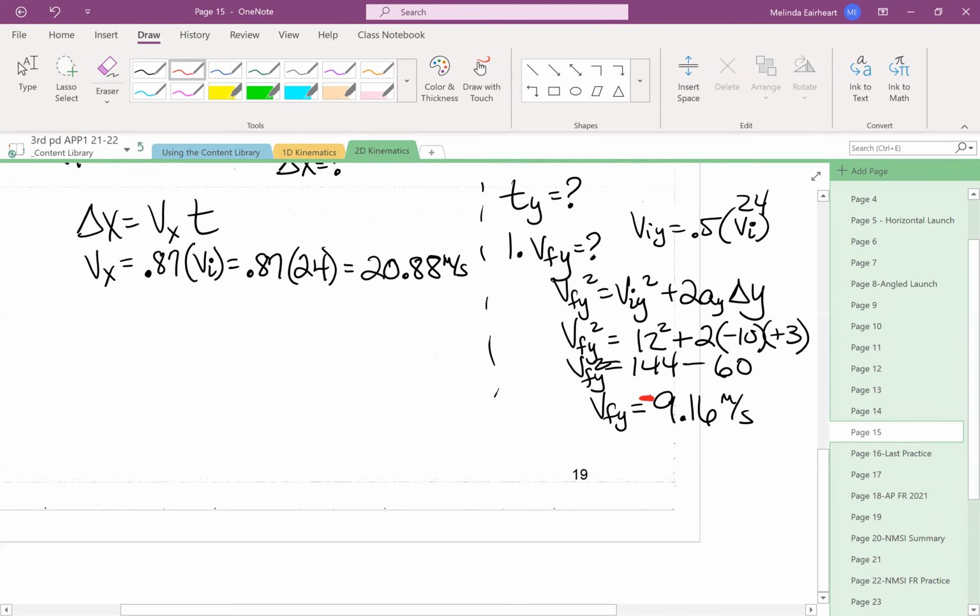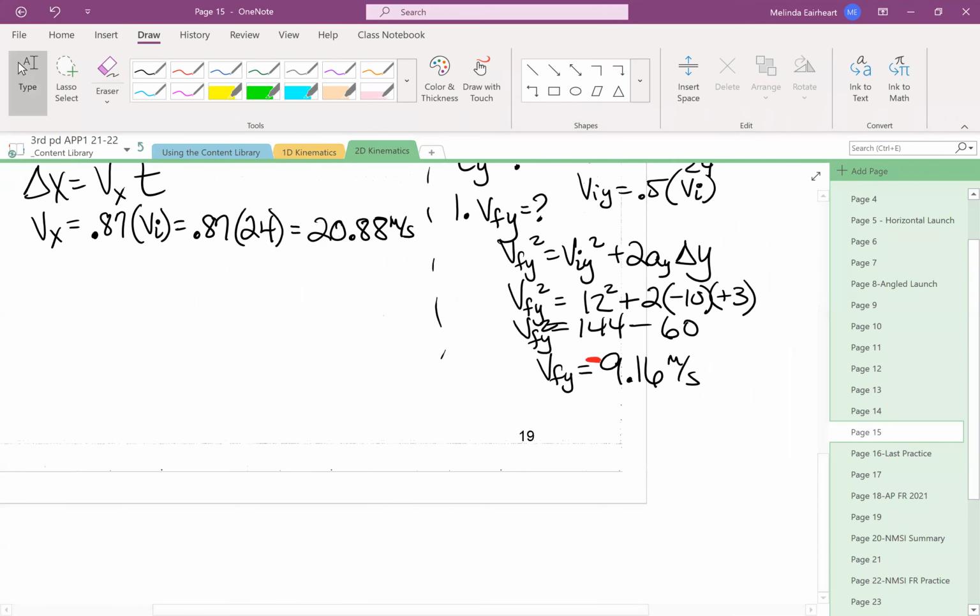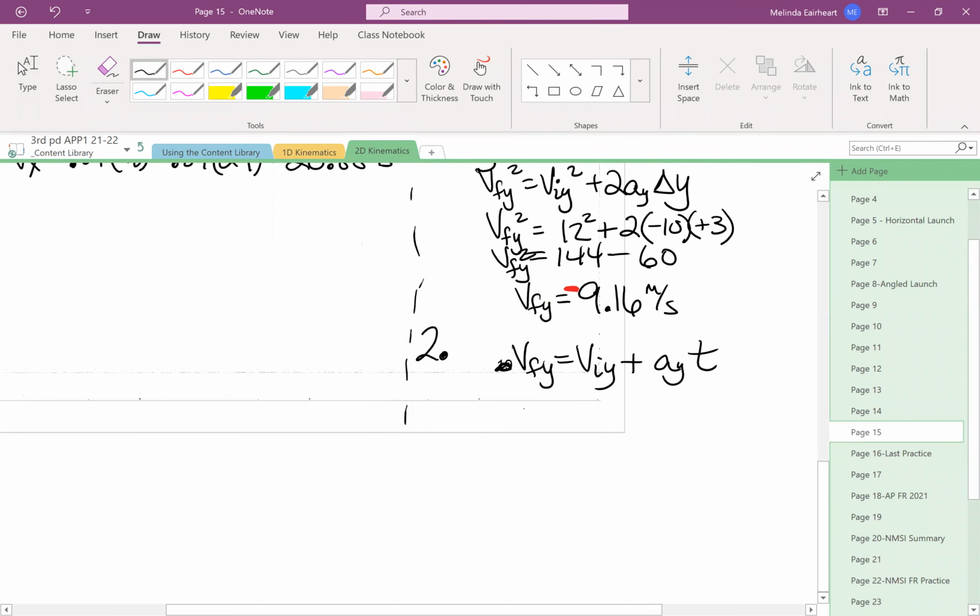Negative, okay? And again, that makes a difference when we then use, so step 2, the workaround from quadratic, that first equation to solve for time. And so negative 9.16 equals that positive 12 plus negative 10 times time.